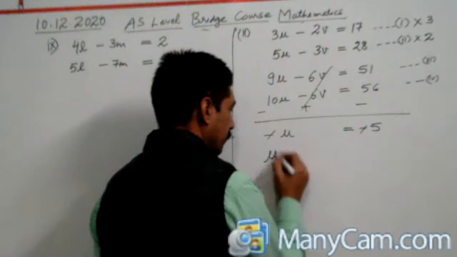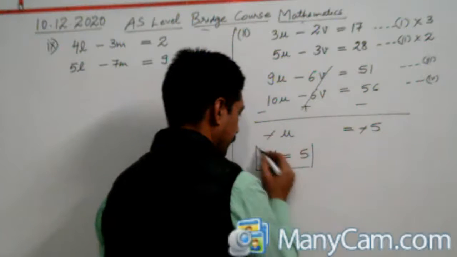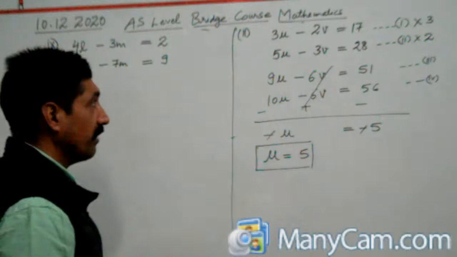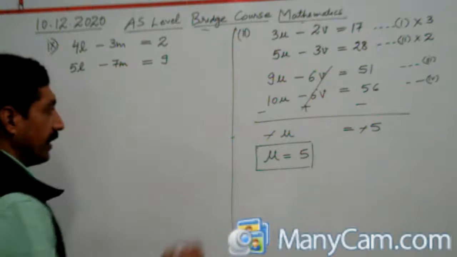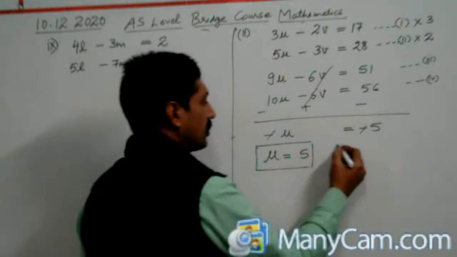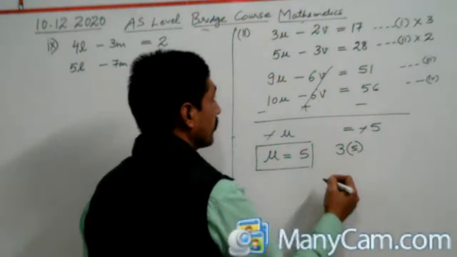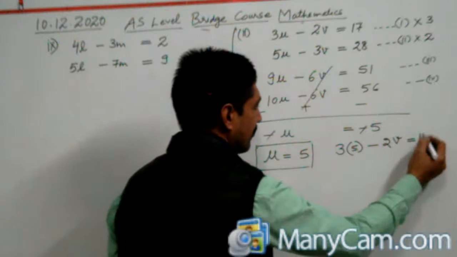What is the value of u? u here in this case is 5. And putting the value in any of the equations: 3u, that is 15, minus 2v is equal to 17.